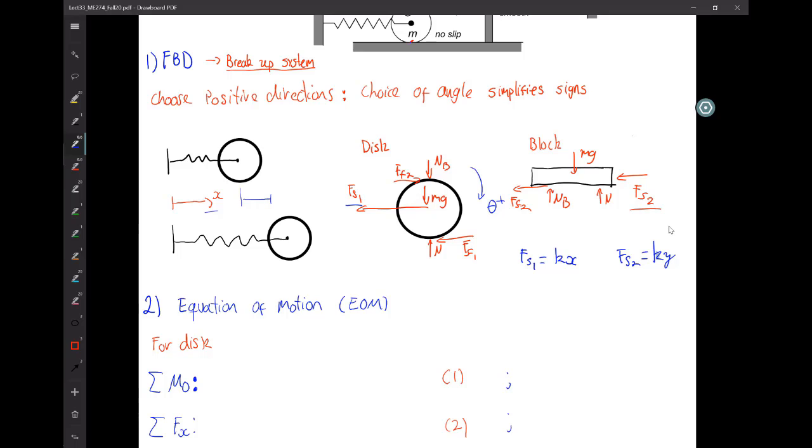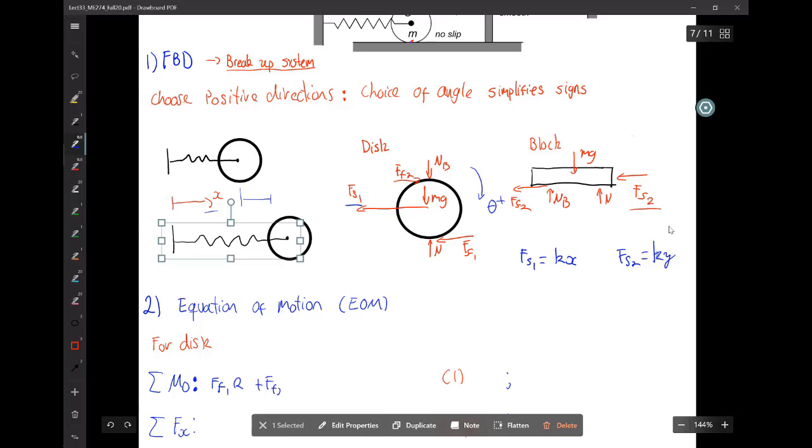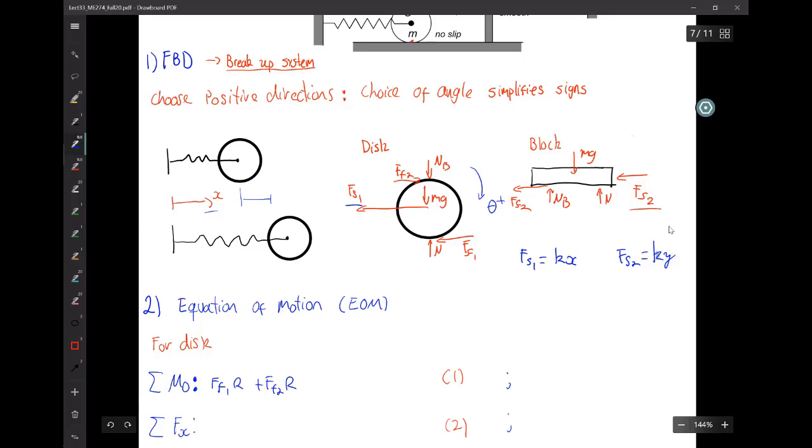So this is the choice, and this moment from the friction force 1 times r is positive. This moment from the friction force 2 times r2 is also positive, and this should be equal to the moment of inertia about O times the angular acceleration, which is theta double dot.